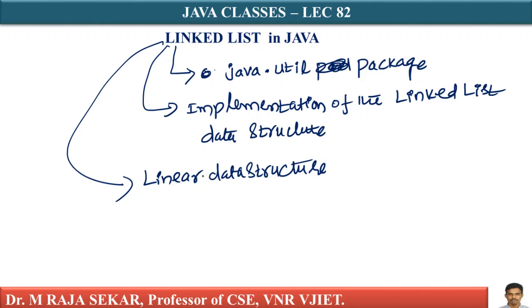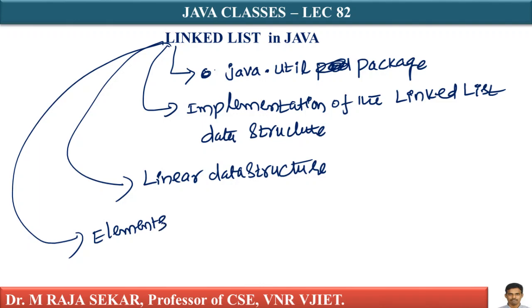In a linked list, the elements are not stored in contiguous memory locations.